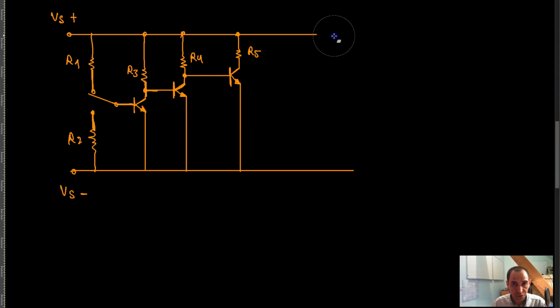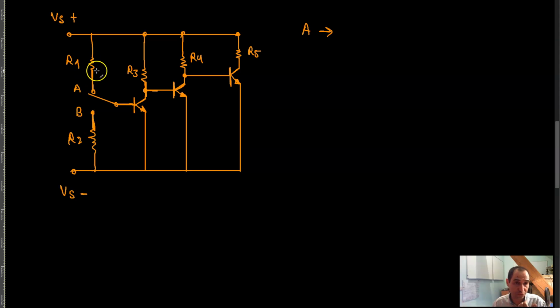Essentially, this circuit works in the following way. If I call these position A and position B of the switch, when the switch is in position A, the base of this transistor becomes positive through this resistor, and so the transistor is turned on. Of course, what happens depends on the values of the resistors that you choose.